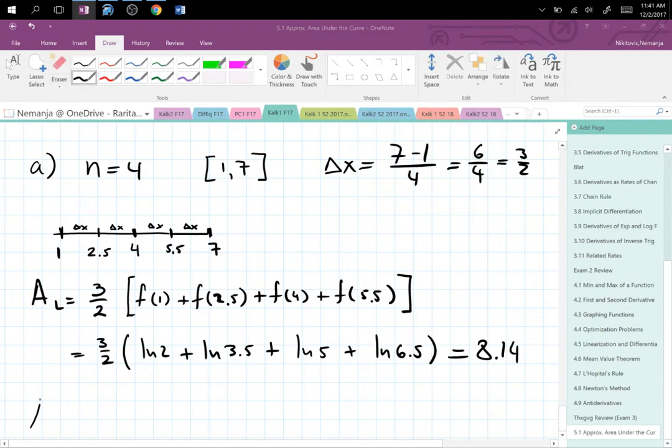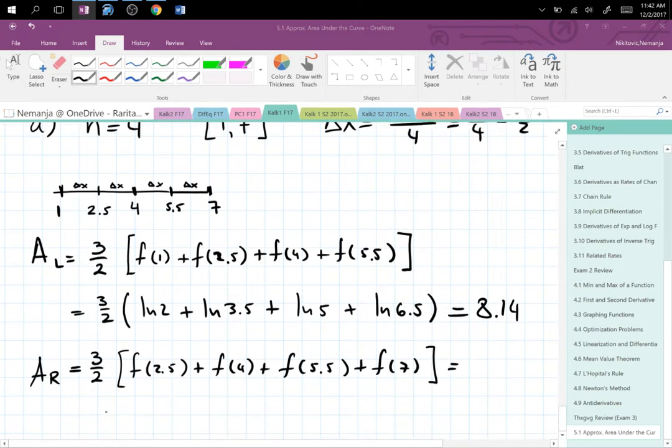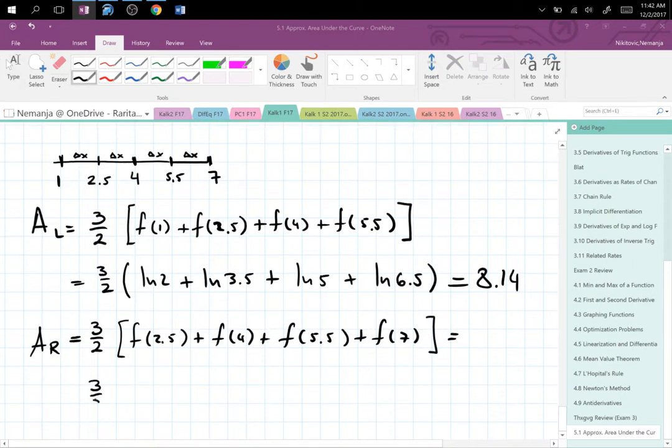Now for the right hand sum, AR, we still have 3 halves, but now I start at 2.5 and go to 4. It's f of 2.5 plus f of 4 plus f of 5.5 plus f of 7. And now the calculation is the same. So ln, except this time I have 8 at the end.